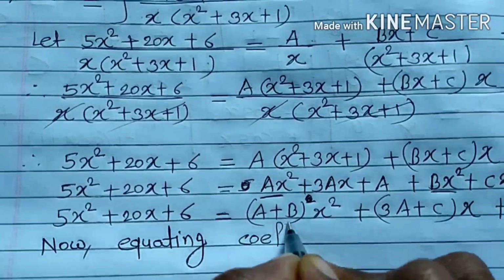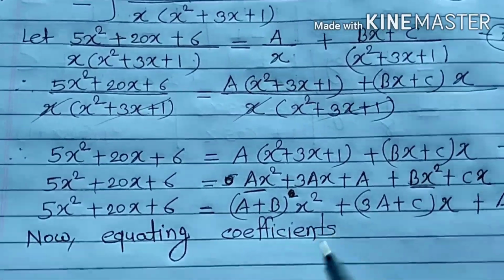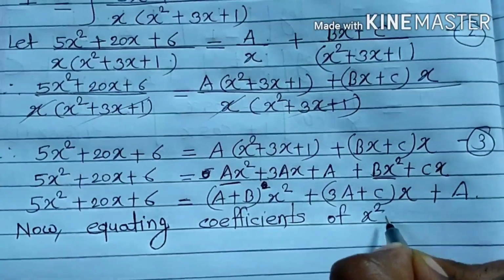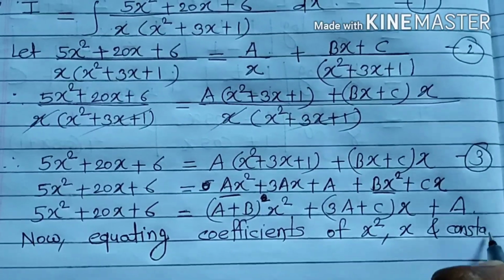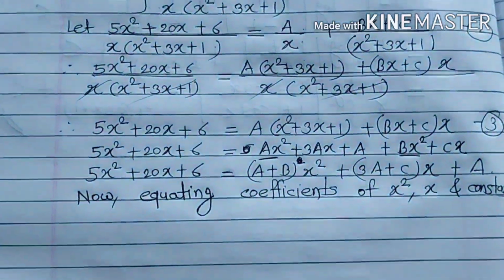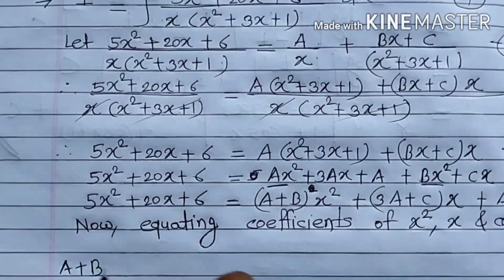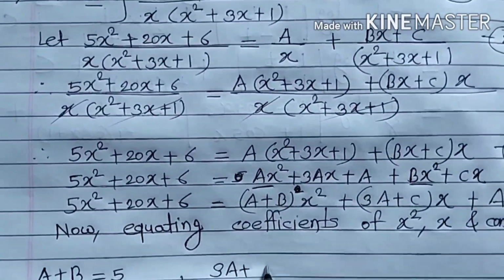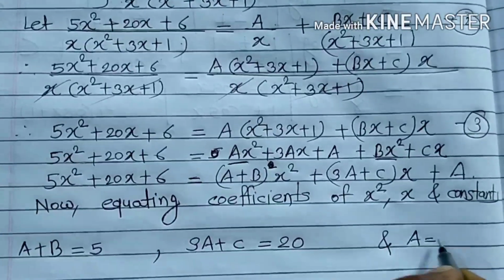Now equating coefficients of x square, x and constant. So while equating coefficients, we get a plus b which is equal to 5, 3a plus c which is equal to 20, and a is equal to 6.